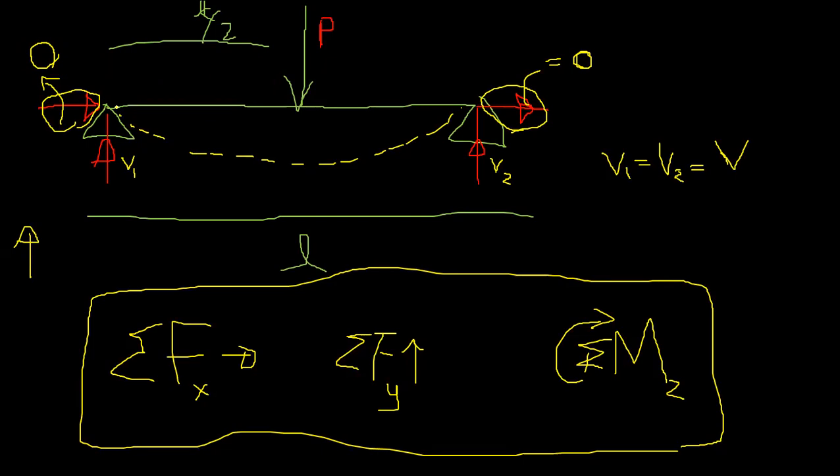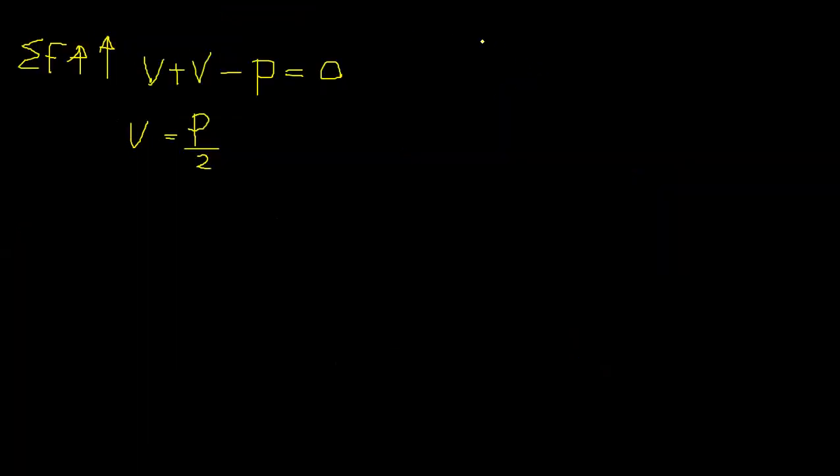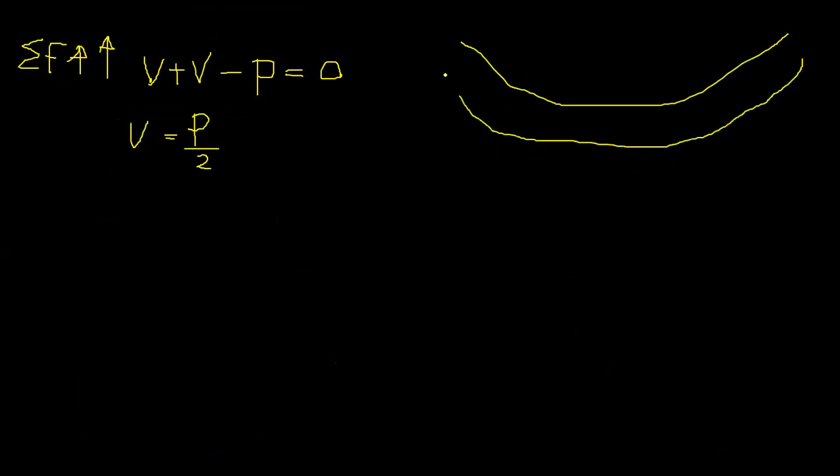So that means a support cannot restrain any bending moment, right? But think about the beam now. The beam is deflected like this. So internal bending moments are generated, and due to that shear forces are also generated, right?